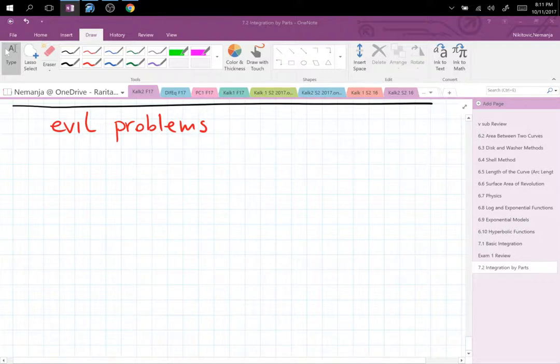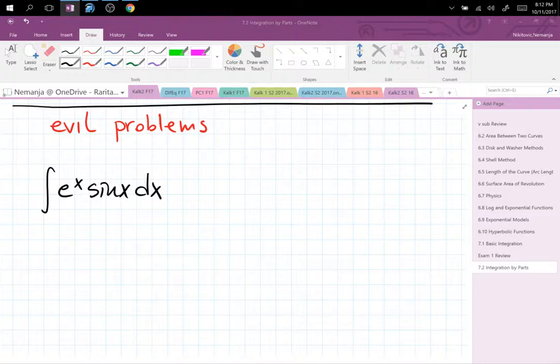Now the interesting thing is that these evil problems can be done in 2 steps if you're using complex variables. But we don't use complex variables here, therefore start a new page, right? Can anyone anticipate the issue with this? Yeah. If you integrate or differentiate e to the x, it stays as e to the x.